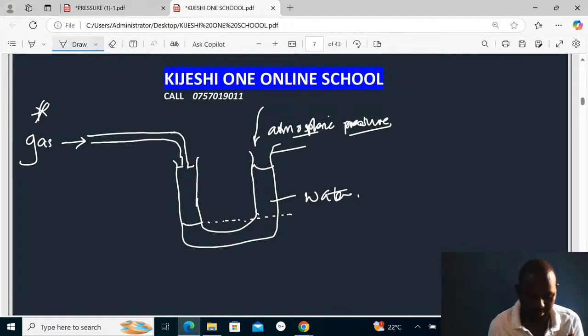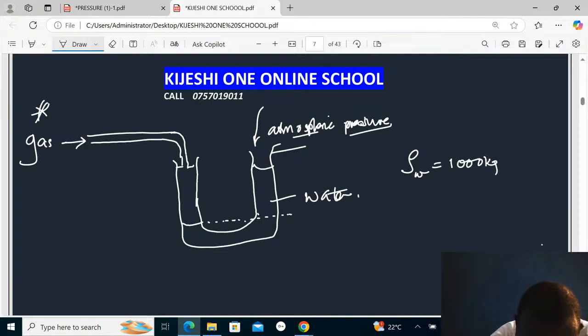Then now you can be asked, if you are given that density of water is 1000 kilograms per cubic meter, we say that the height due to water column here is 5 meters.